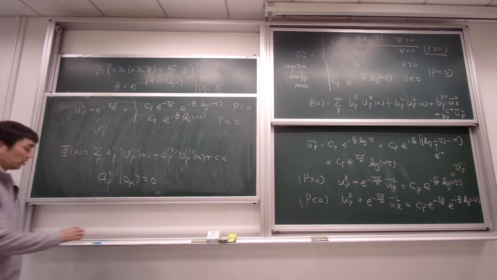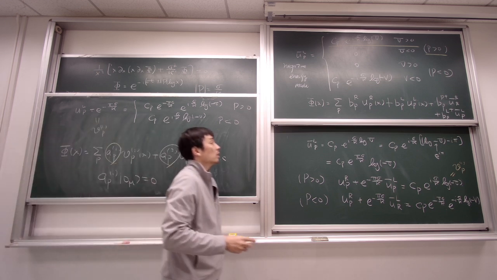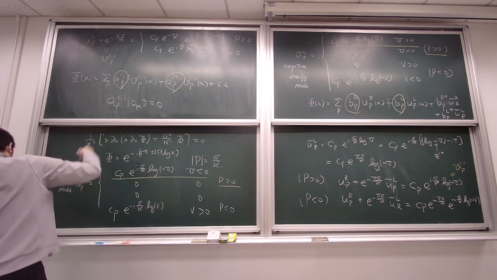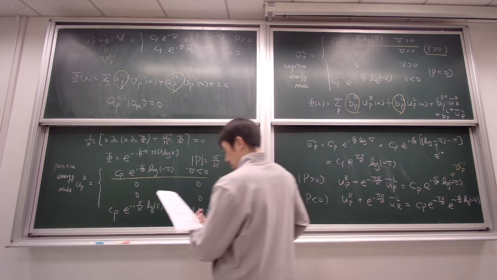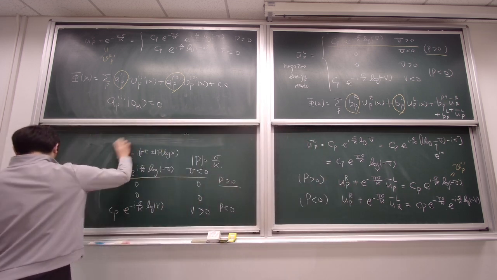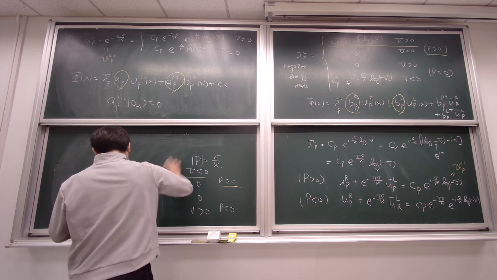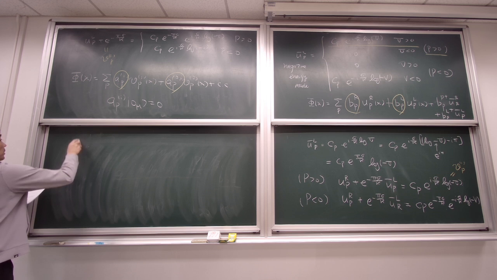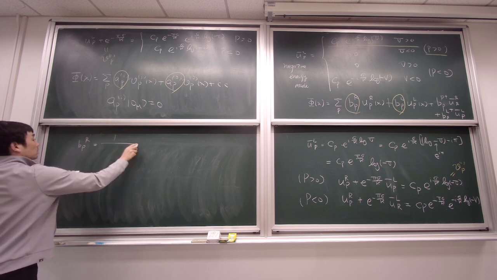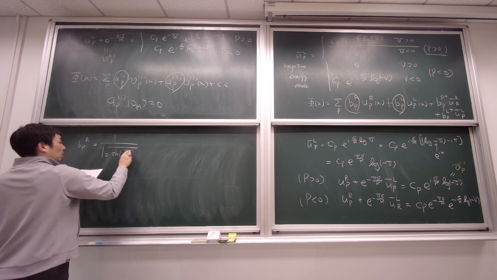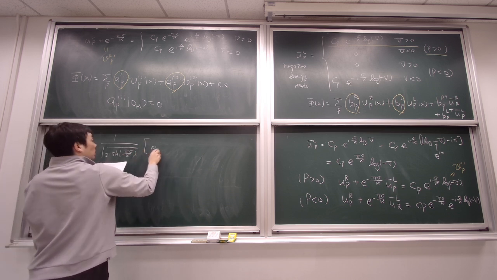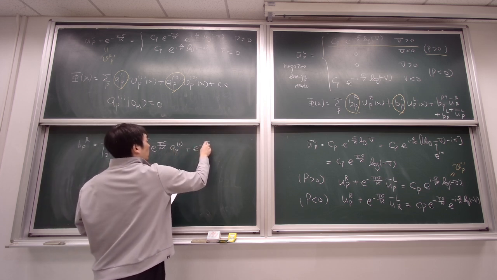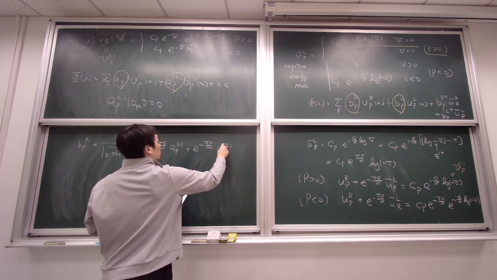So now we try to find a relation between this mode and this mode, and it turns out that BP R is given by square root 2 sinh of pi sigma over kappa, and then e to the pi sigma over 2 kappa AP1 plus e to the minus pi sigma over 2 kappa AP2, like this way.